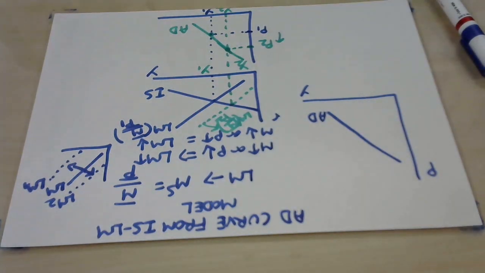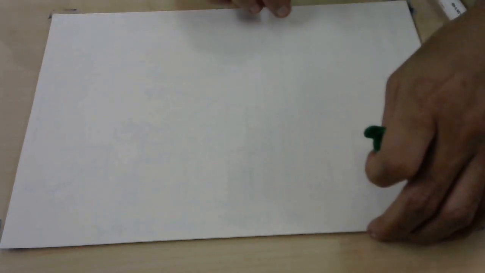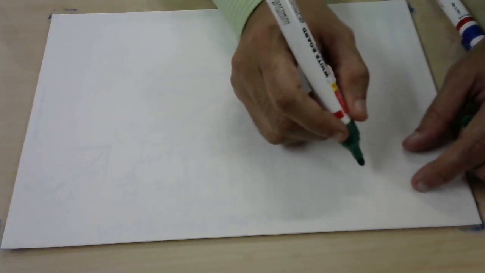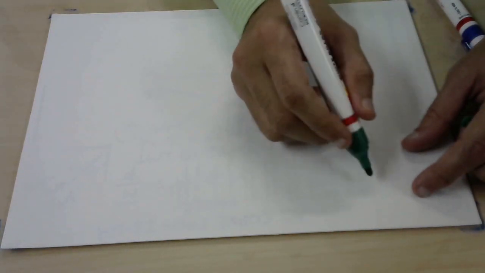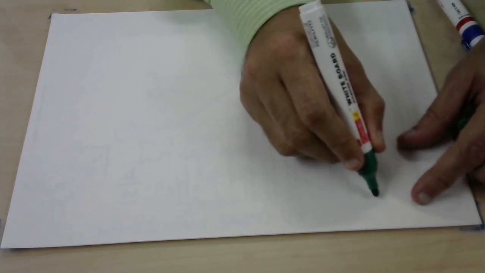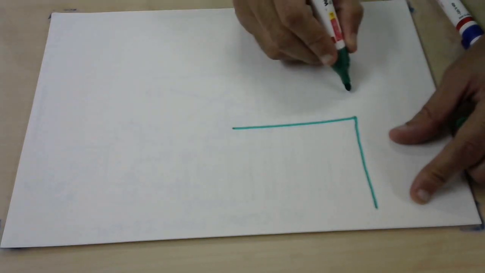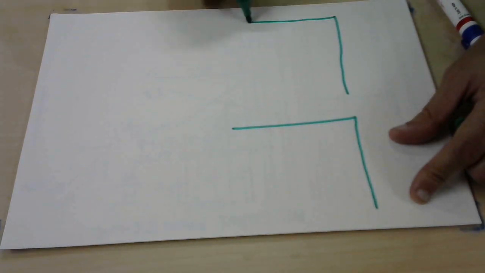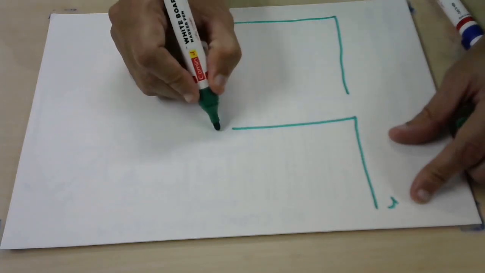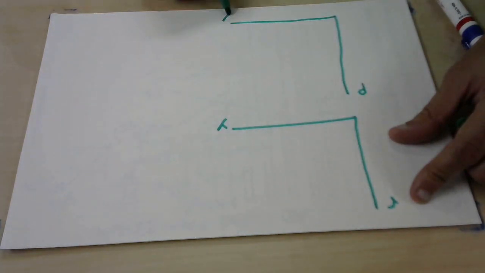Suppose I will now use a fresh sheet. Now we want to see the impact of expansionary monetary and fiscal policy on the aggregate demand curve. I had drawn this as my ISLM space, the R and Y space, and this is the P and Y space.